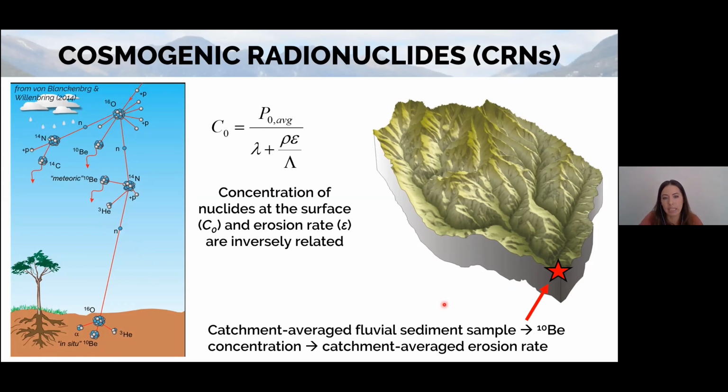That is done by taking a sample of the fluvial sediment at the outlet of the catchment that we assume contains a representative mix of grains from all across the catchment. And after a lot of lab work and AMS measurements, we obtain a catchment average erosion rate. That is because this is the concentration of cosmogenic nuclides, and this is inversely related to the surface erosion rates here.